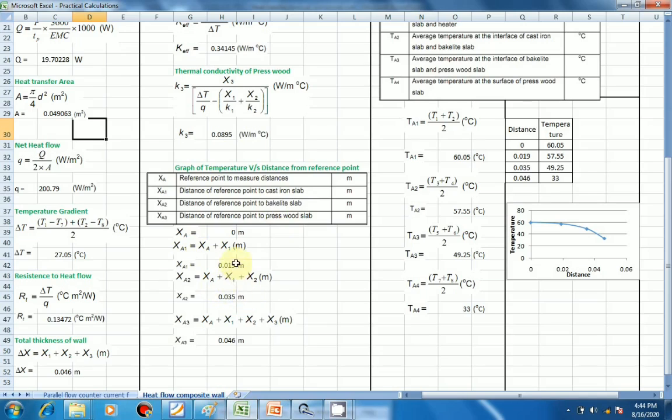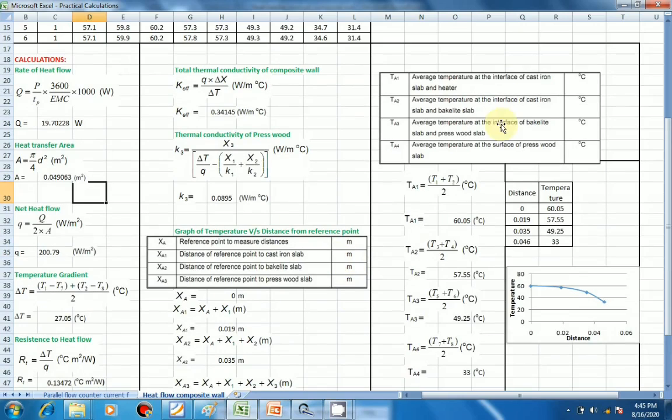It is XA plus x1 plus x2. Then XA3. XA3 is nothing but what? It is the distance of the reference point to the pressed wood slab. So its equation is XA plus x1 plus x2 plus x3. So we got the value of XA as 0, XA1 as 0.019, XA2 as 0.035 and XA3 as 0.046.